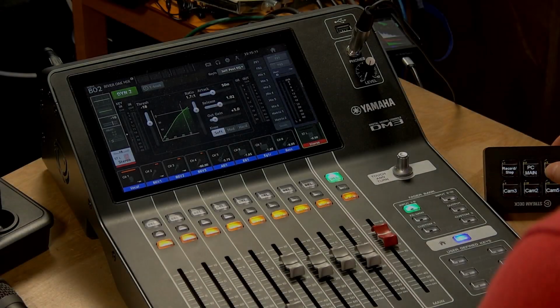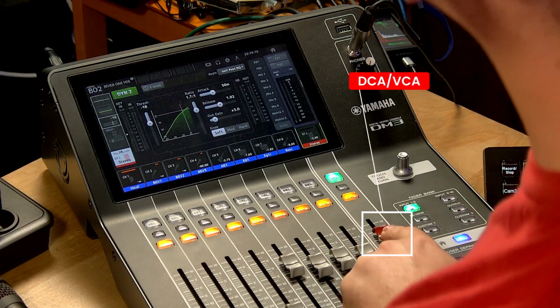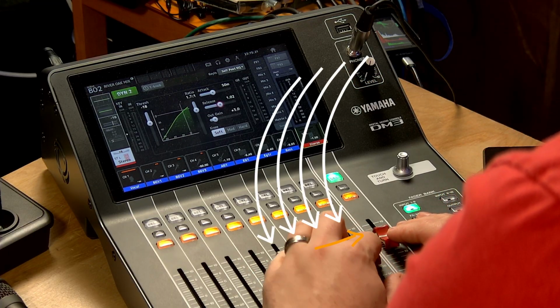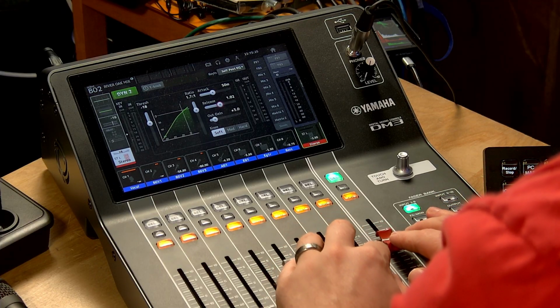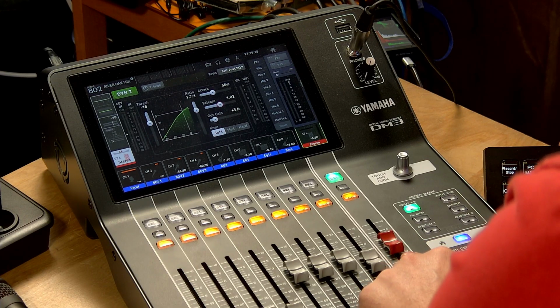A VCA just stands for a voltage controlled amplifier. A DCA is a digitally controlled amplifier. All that it means is, and consoles are going to do this in slightly different ways, if this was a DCA or VCA for these faders, as I move the VCA or DCA up or down, the faders would move in proportion to the movement of the VCA or DCA.